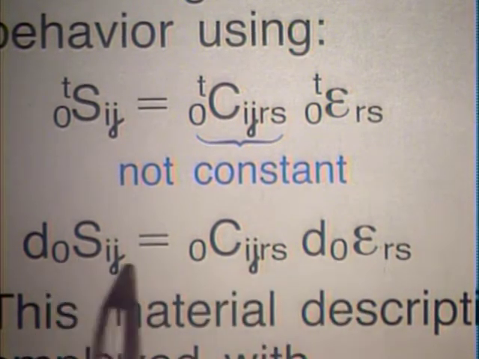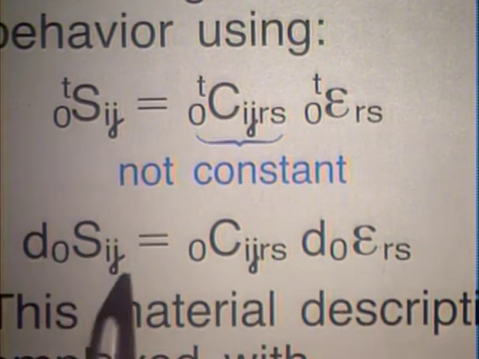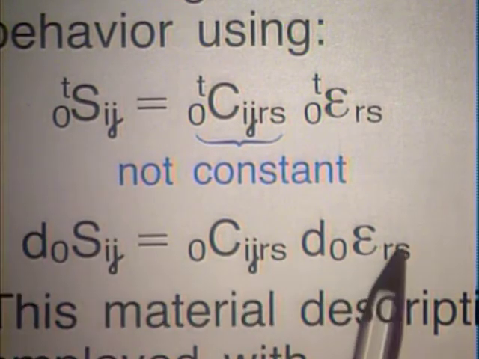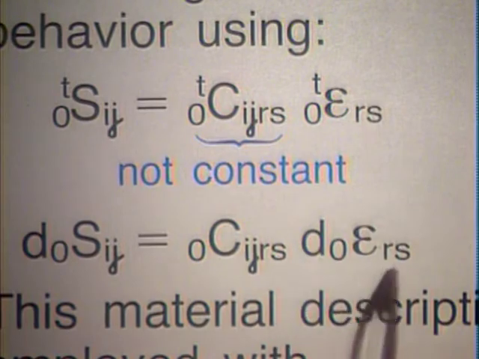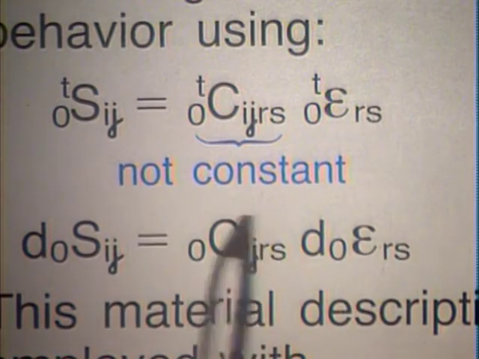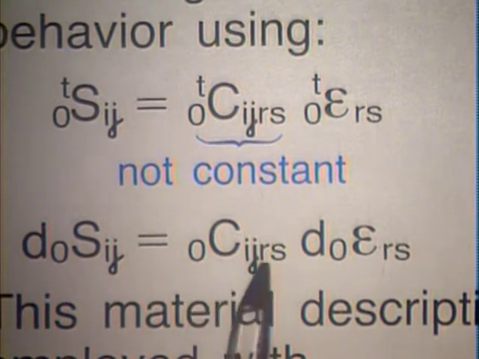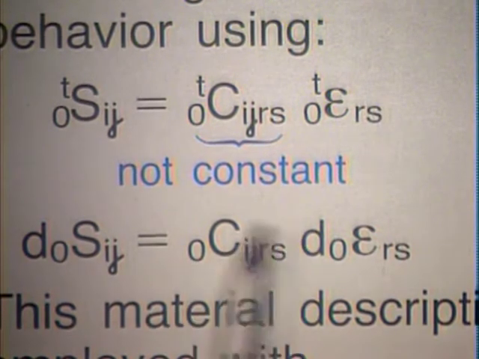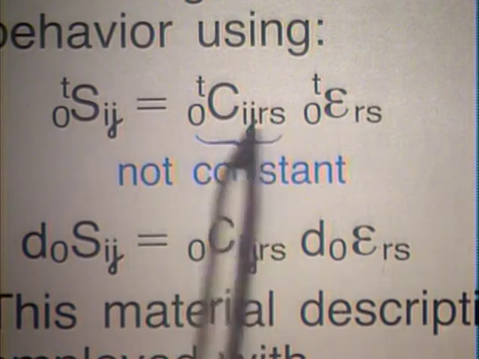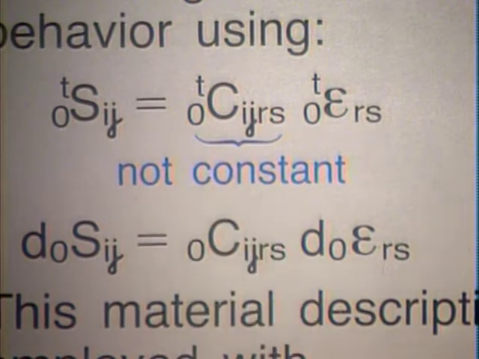Incrementally we have this relationship. The increment in the second Piola-Kirchhoff stress is related to the increment in the Green-Lagrange strain via this constitutive law. Notice that this tensor, or the components of this tensor, are not the same as those components in general.